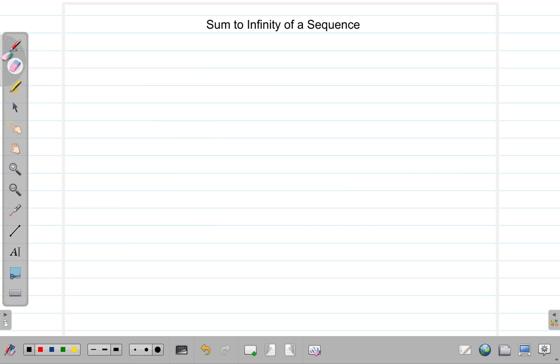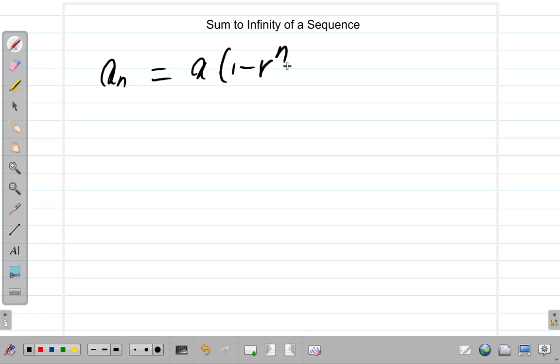Let's see something here. From previous work, we saw that the nth term, an, of a geometric progression is a times 1 minus r to the n divided by 1 minus r.